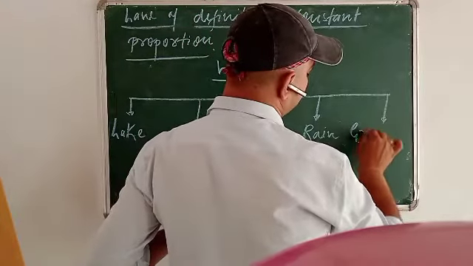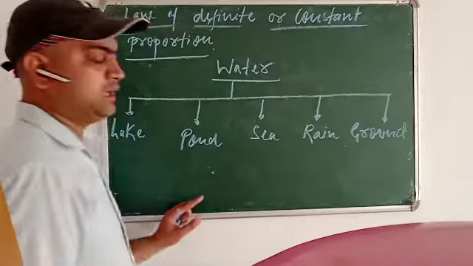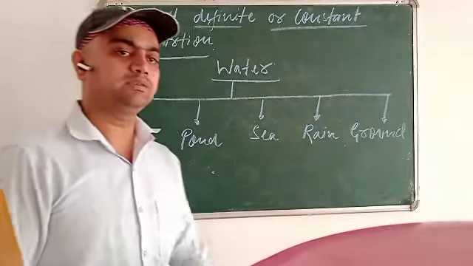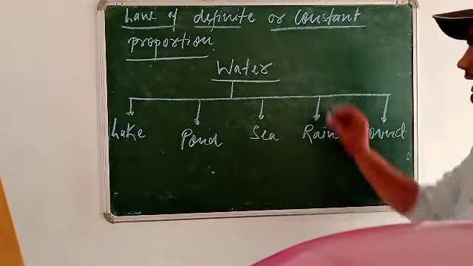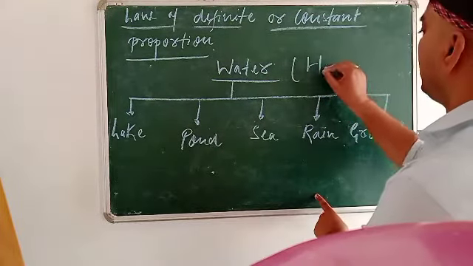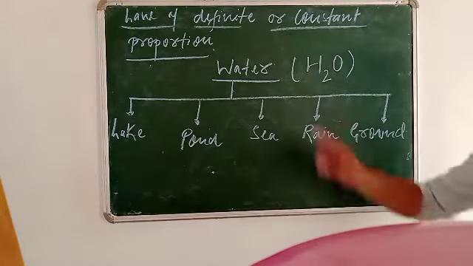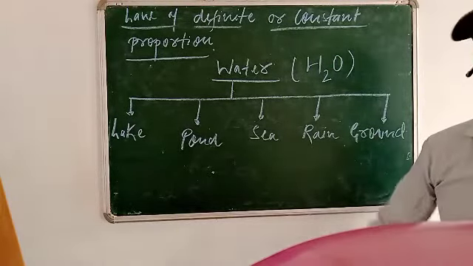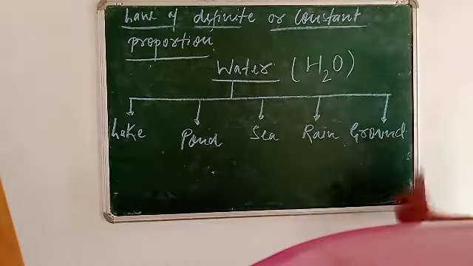You know very well that the formula of water is H2O. Can this formula of water change when we take the water from the lake, pond, sea, rain or ground?